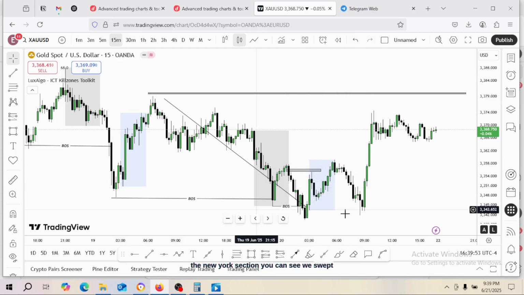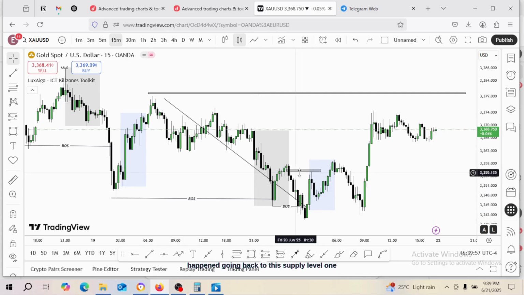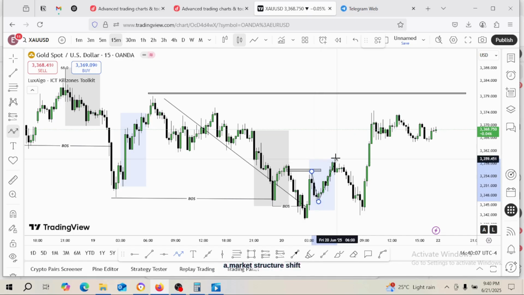You can see we swept Asian lows, and what happened? Going back to this supply level, when price got there, price took orders, but the sellers were unable to take the price lower. We had a market structure shift, signaling what? The pullback of this bearish leg has started, right?